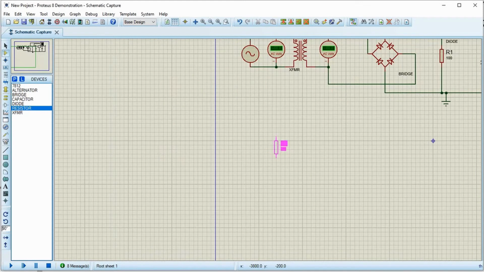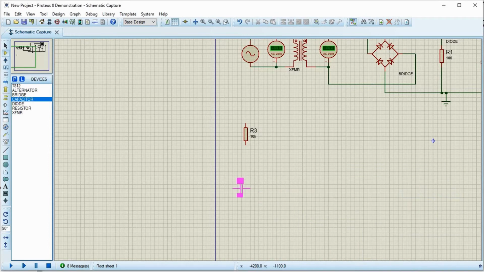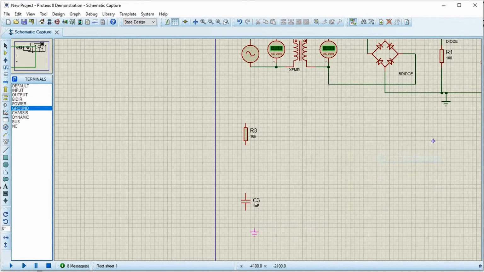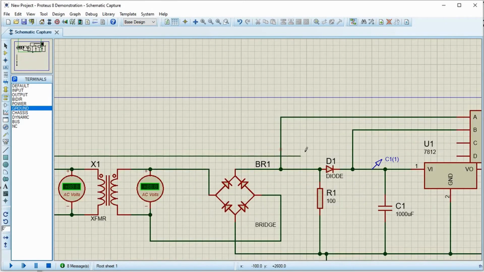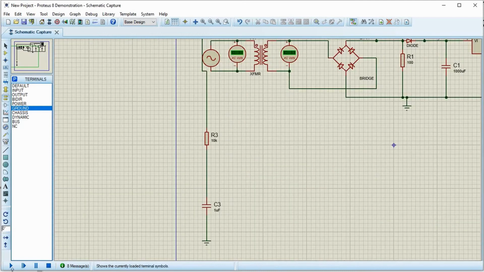There is a capacitor, we have a ground, let me connect it before the diode. So what should be the value of RC?